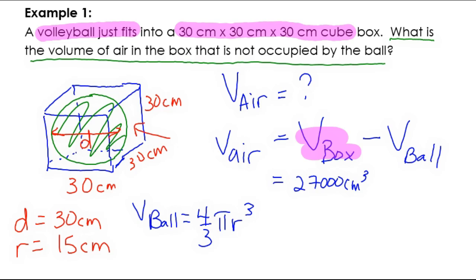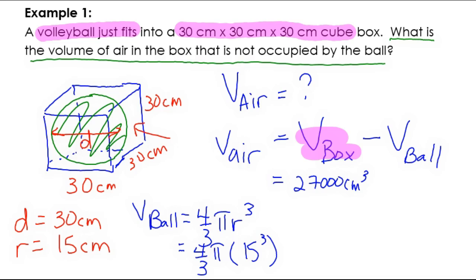So let's go ahead and solve for that. So 4/3, 4 divided by 3 times pi, and then I'm going to cube the 15. So 15 cubed, and that should give me the volume of my ball. 4 divided by 3, just typing this into my calculator, times whatever pi is, using my pi button, times 15 to the power of 3.